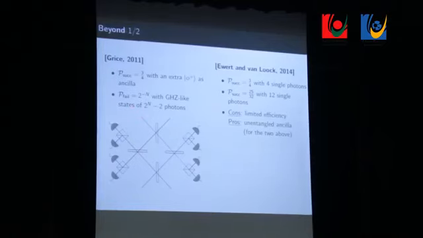So the stuff is a bit more complicated. Then they have a 3/4 probability. But then they couldn't use the next level of Grice. And with lots of work, they found that they could go up to 25/32 success probability, which is a strange number. We don't know why it's this number, but for them, it's a good hint that 3/4 is not an ultimate limit for separable single photons.